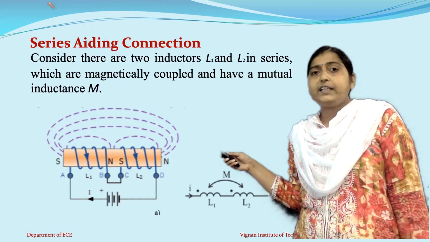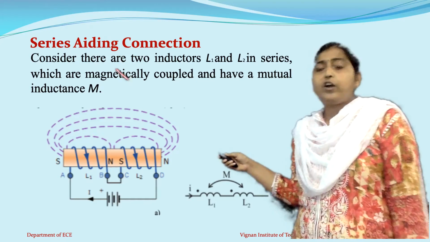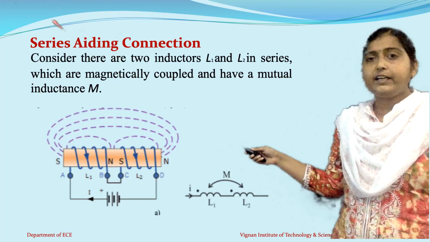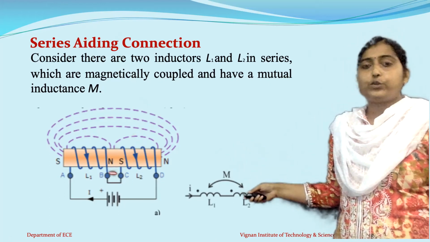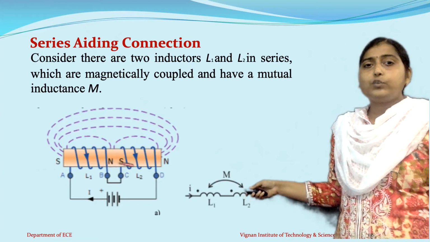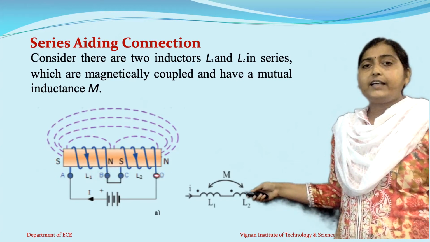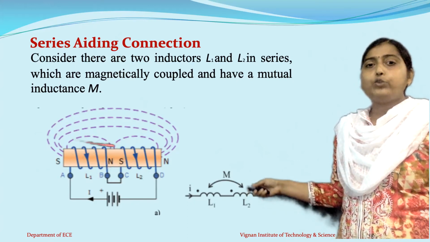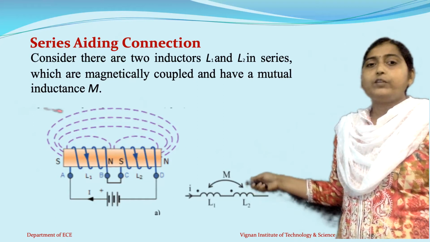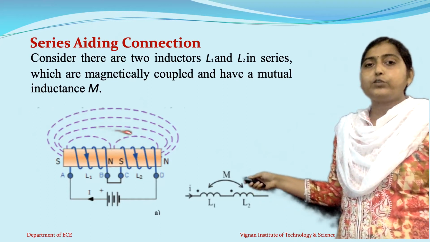To understand the series aiding connection of a magnetically coupled circuit, let us consider this circuit. Two inductors L1 and L2 are connected in series, magnetically coupled, and have a mutual inductance of M. These are the magnetic fluxes flowing through the circuit.